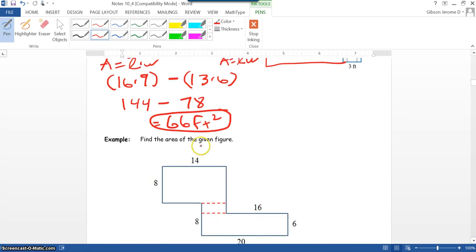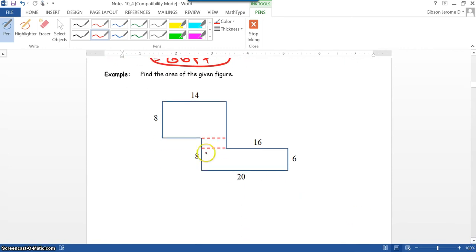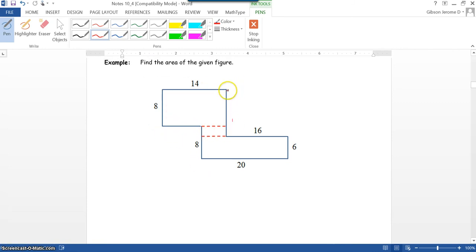Now we go here, it says find the area of the given figure. Now, we have actually two figures here. This is what we would need to do like we did in the last problem. We will make this one big figure here.